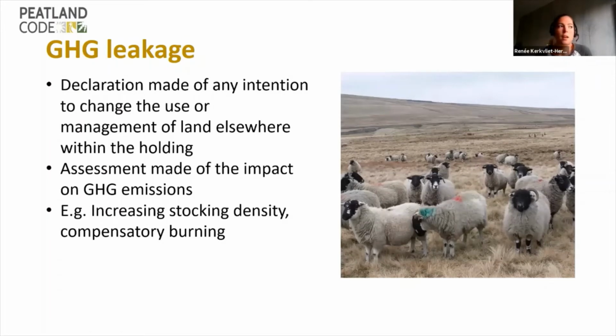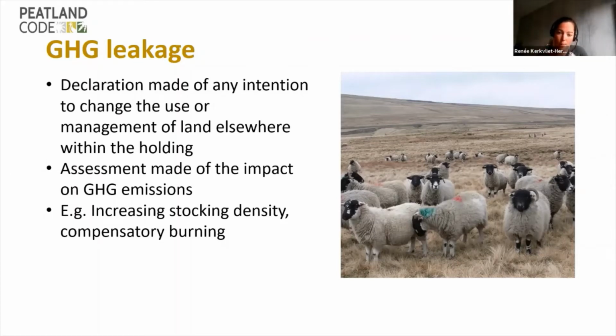So in carbon markets, we also have to look out for greenhouse gas leakage. So you need to have a declaration of any intention to change the use or management of land elsewhere within your holding. And if you're doing that, so for example, because you're restoring your land here, you are going to reduce the amount of stock density.